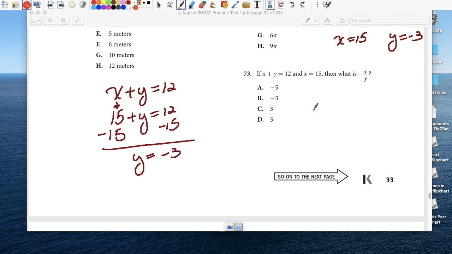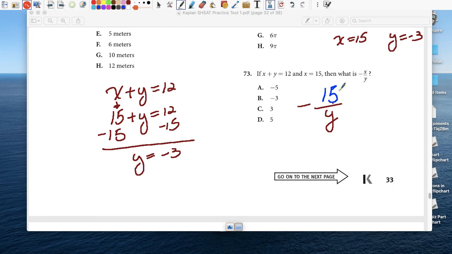Okay, so let me write this exactly as it says, and we are to find what's x divided by y. So we're going to substitute. With substitution, you literally take x out and you plug it in.